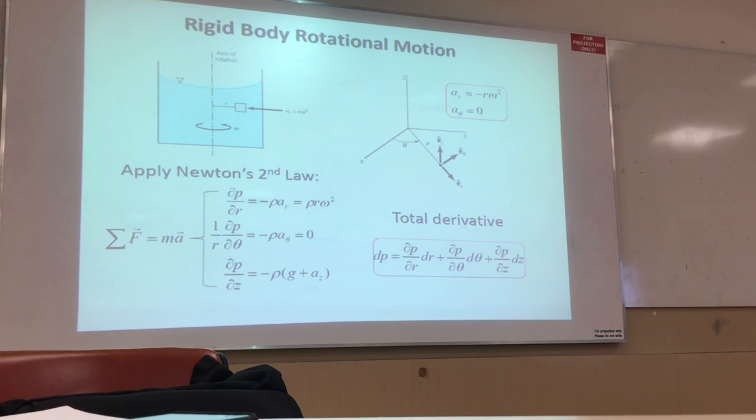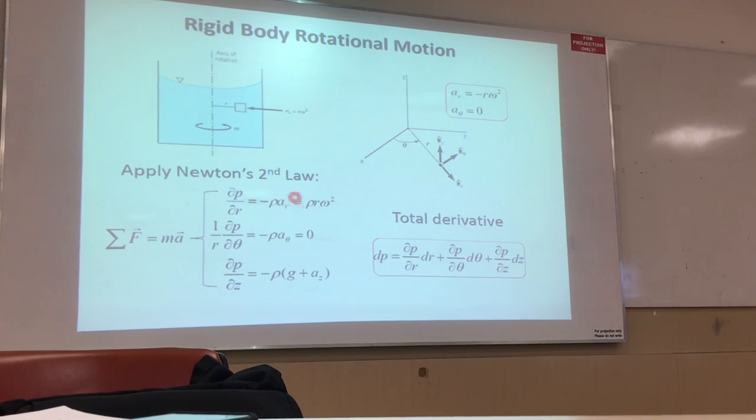Then I can write delta P by delta R dr, delta P by delta theta d theta, delta P by delta Z dz. In the Z direction, acceleration is AZ, and this one is present. And in the R direction, minus rho AR is equivalent to rho R omega square.